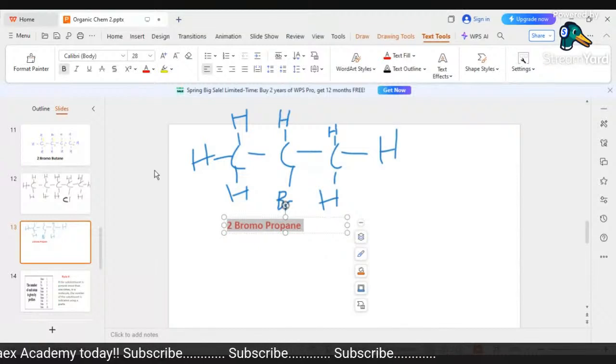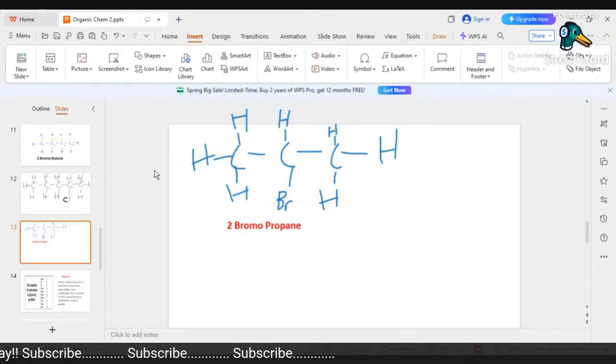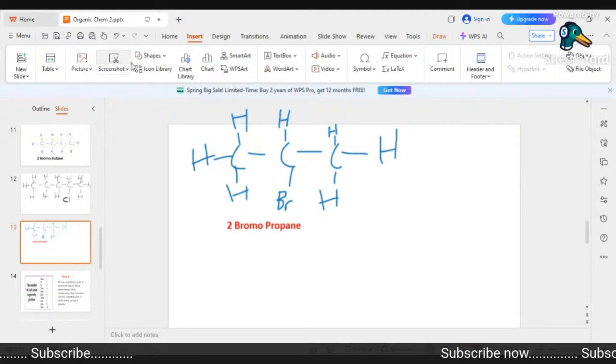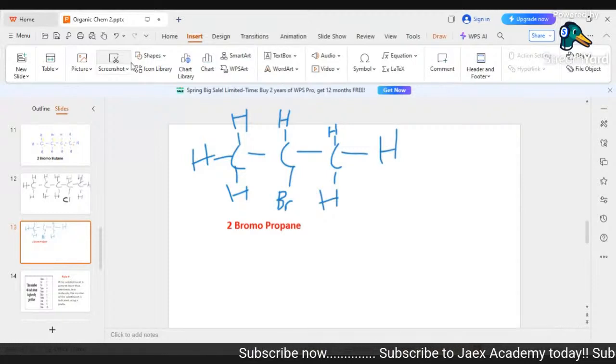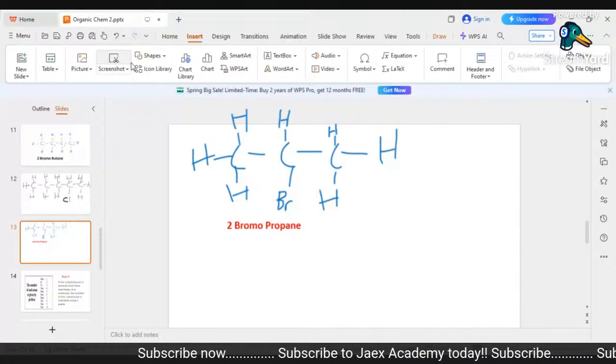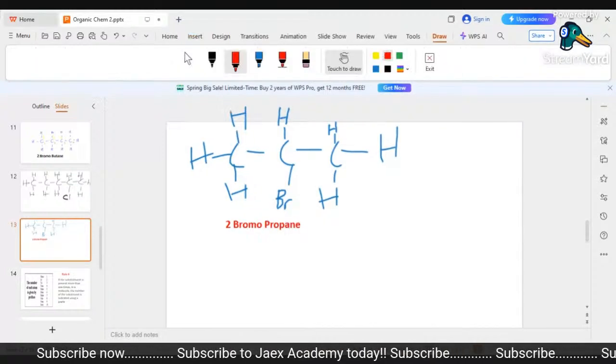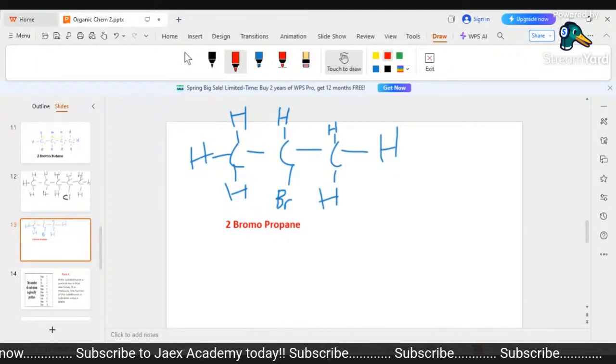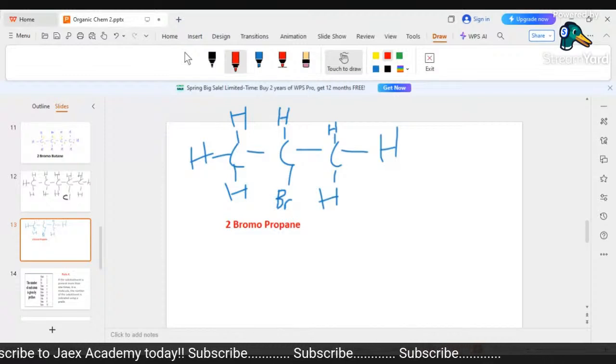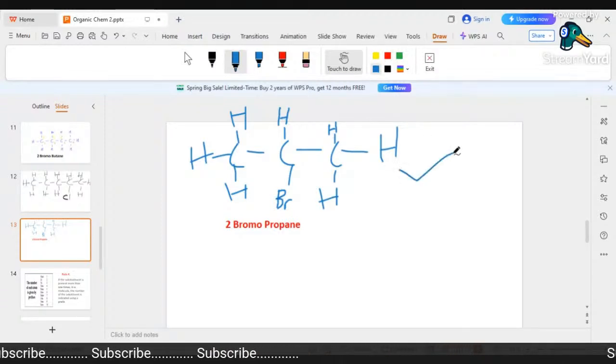Now, guys, please watch your screen. What I drew here is 2-bromopropane. I believe you all can name it right now. But will you believe, or are you going to argue with me, if I say this is a molecular formula?